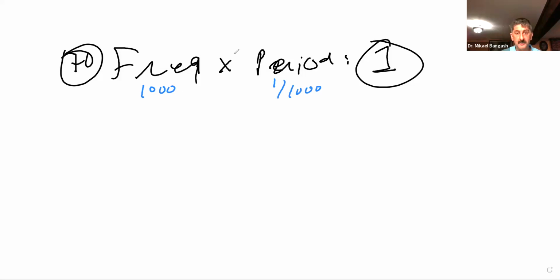This 1,000 can mean 1,000 cycles per second, where the period then becomes 1/1,000 of a second. And 1/1,000 of a second is the same as saying 1 millisecond.